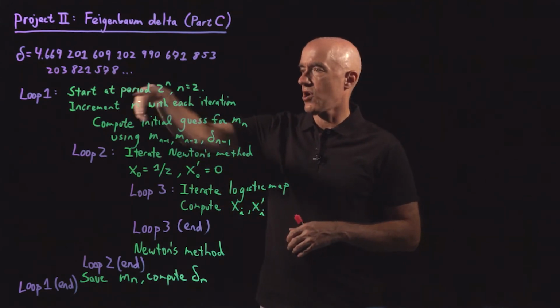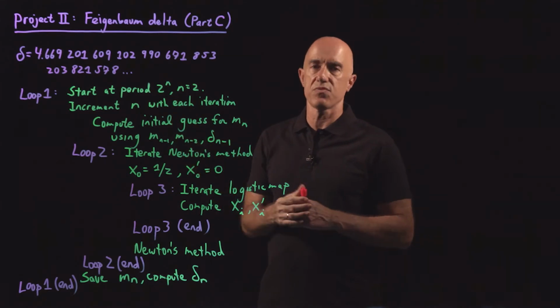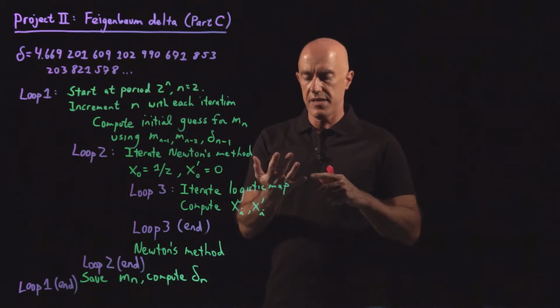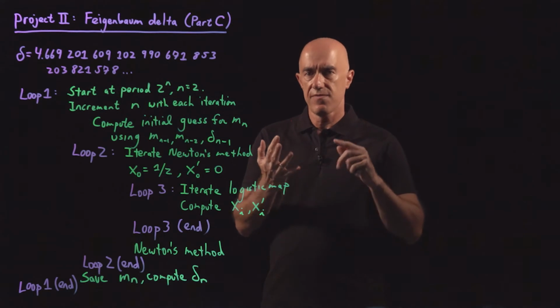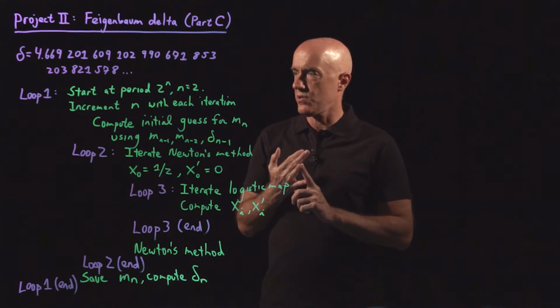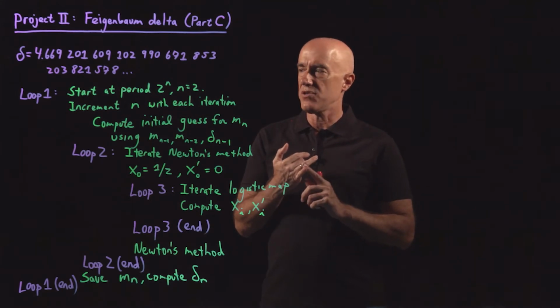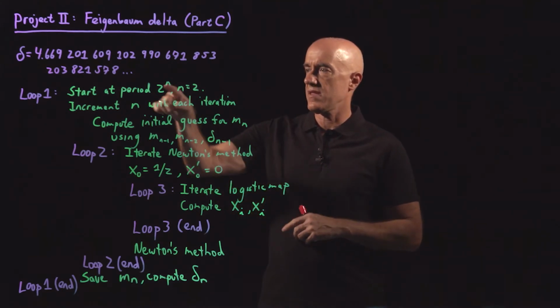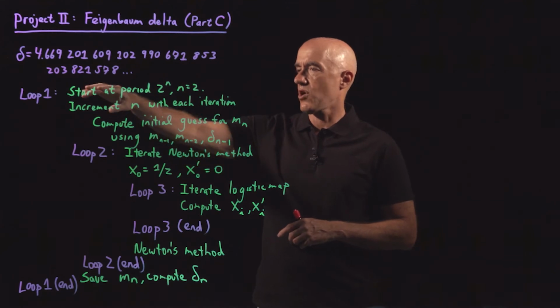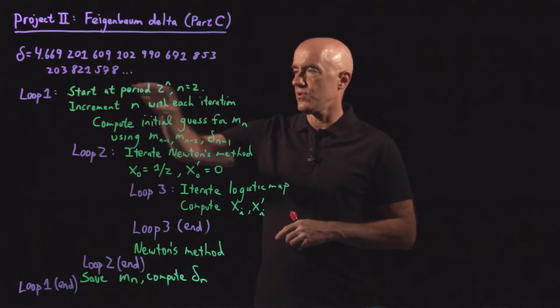So we're starting with period 4, because we did the m values for period 1 and period 2. So the first one we need to do numerically is the m value for period 4. That's 2 to the 2. So we're starting with n equals 2.